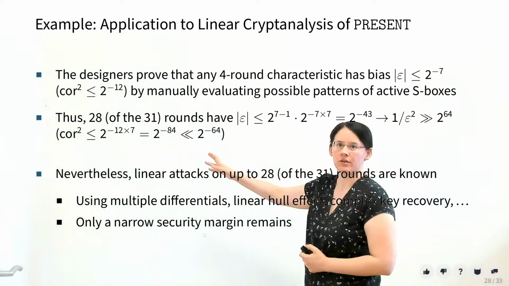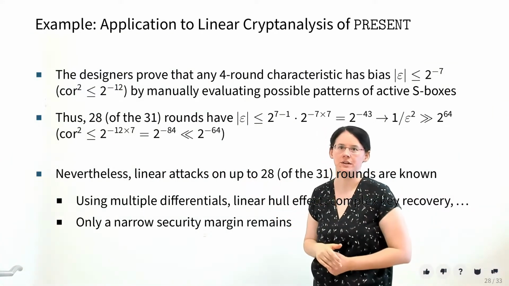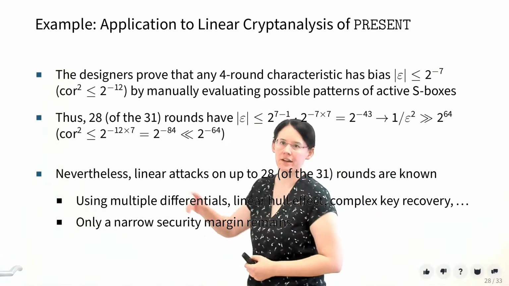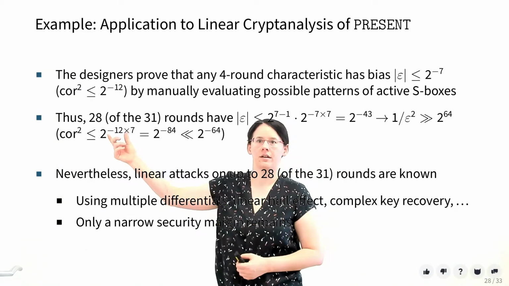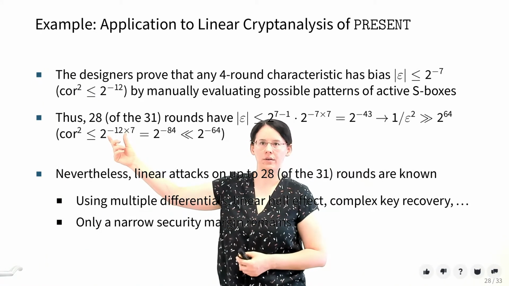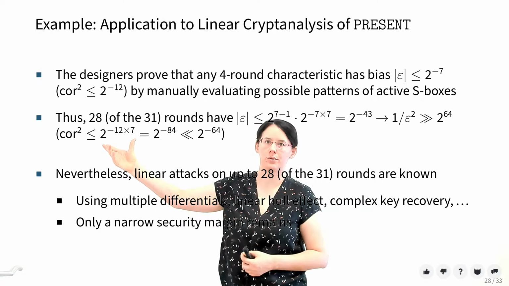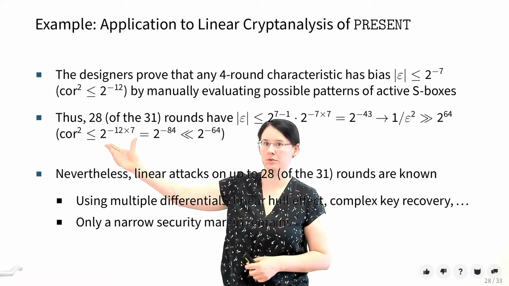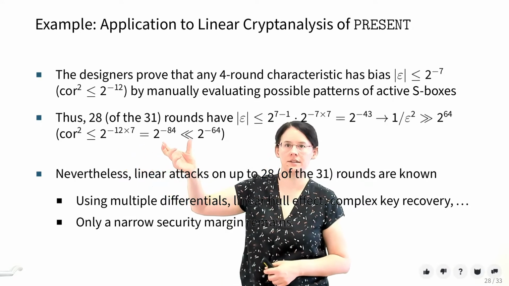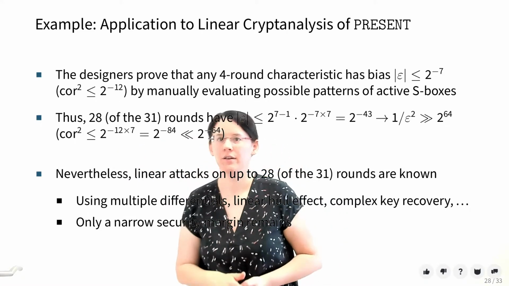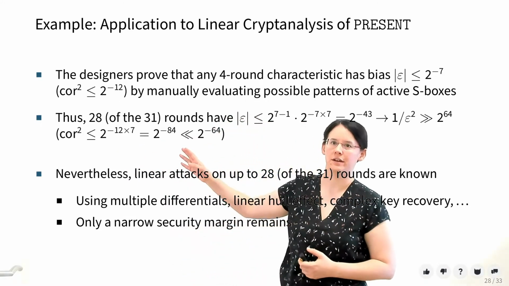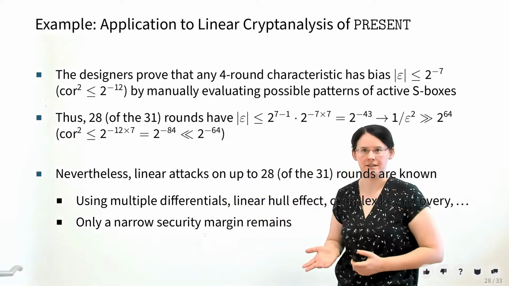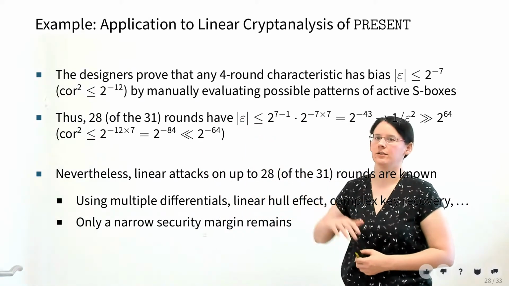In terms of the squared correlation the computation is a bit easier: if I have 2 to the minus 12 for 4 rounds, then I have 2 to the minus 12 times 7 for 28 rounds at most. And this is 2 to the minus 84, which is definitely a lot smaller than 2 to the minus 64. That's again the data I could be able to collect.